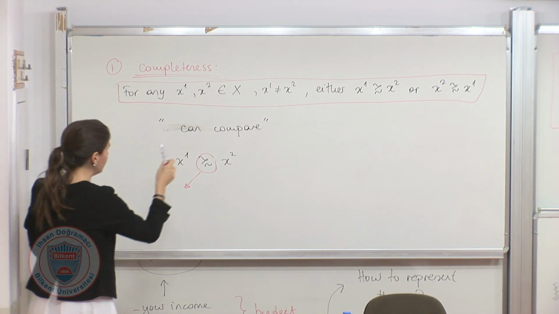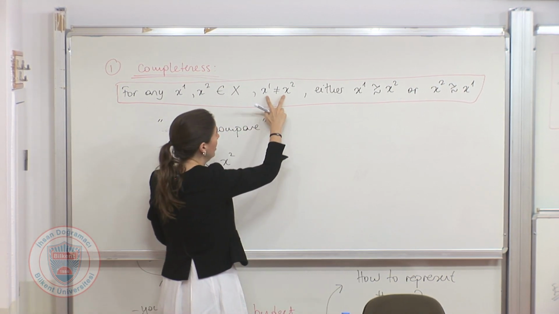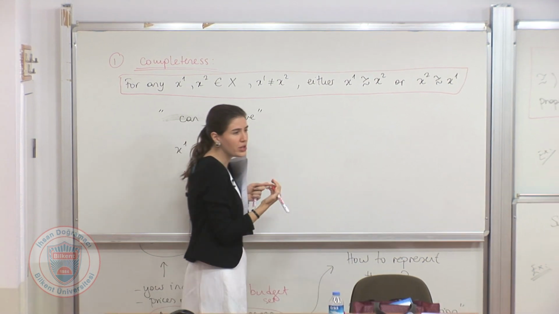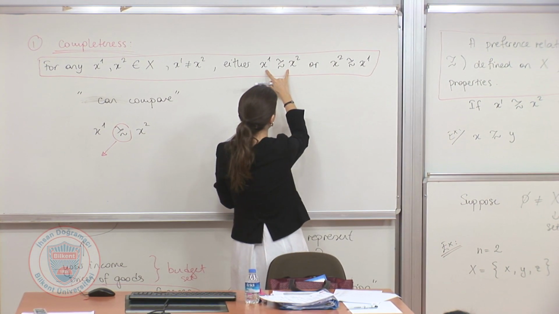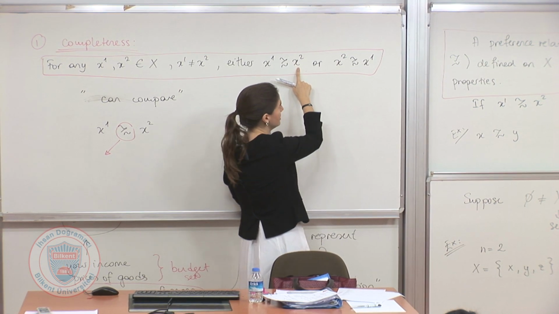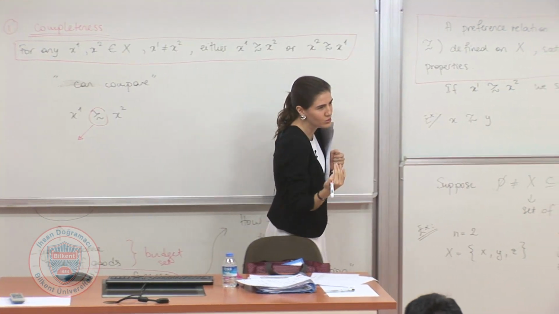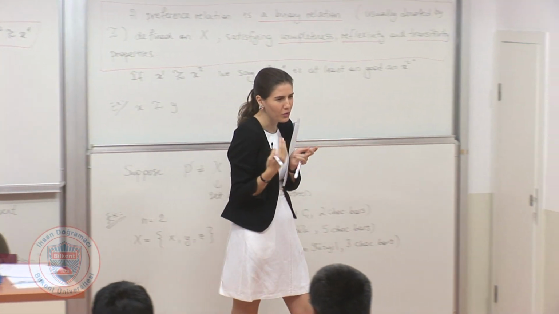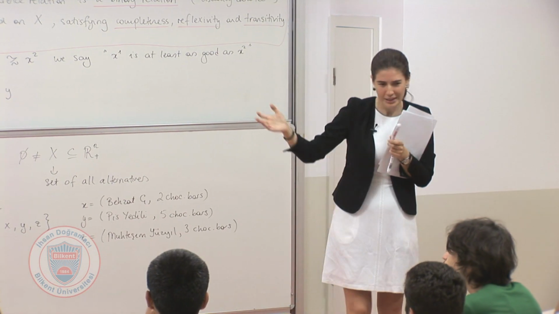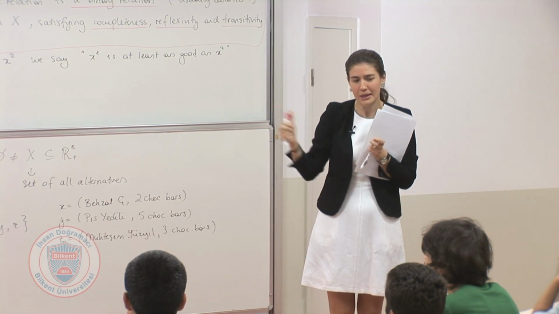So here, this is how we define this. If these are equal to each other, then you should be saying that x1 is at least as good as itself, and x1 is at least as good as itself. It wouldn't mean much, right?